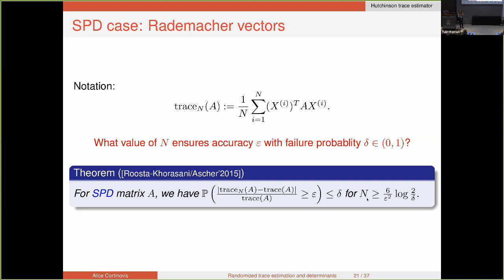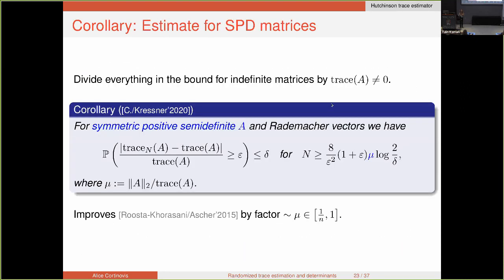To obtain accuracy epsilon, you can take capital N to be 6 over epsilon squared times the logarithm of 2 over delta. But if you take the bound for indefinite matrices and divide everything by the trace of A, which is different from 0 in the symmetric positive definite case, you get something similar but also with this factor mu, which is the spectral norm of A divided by the trace of A, which is smaller or equal than 1 and can be smaller by a factor 1 over n.